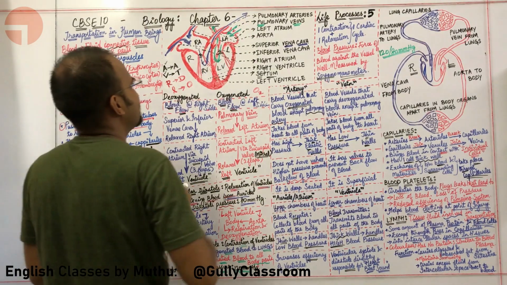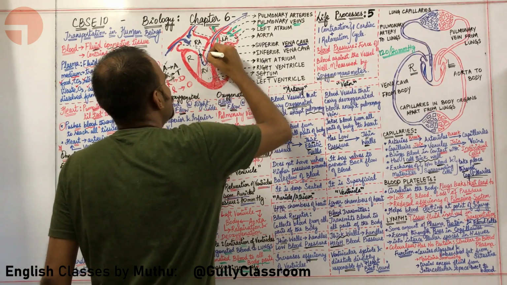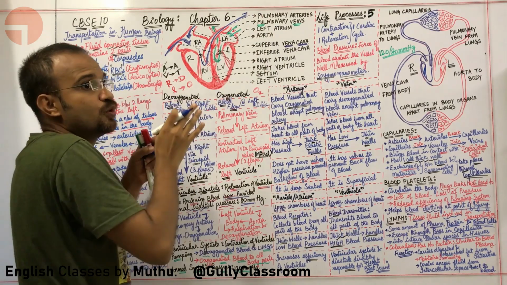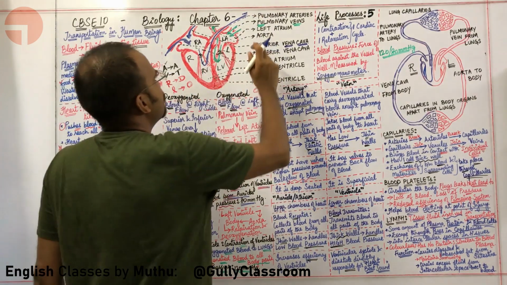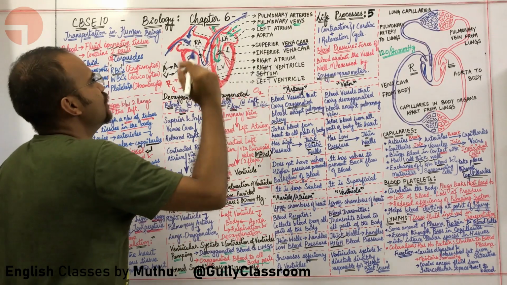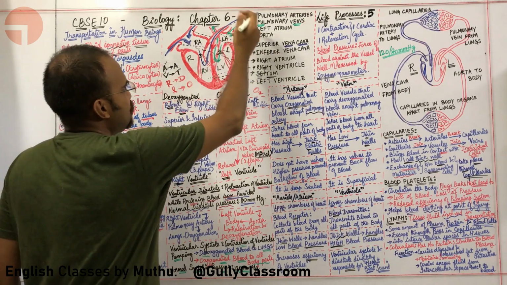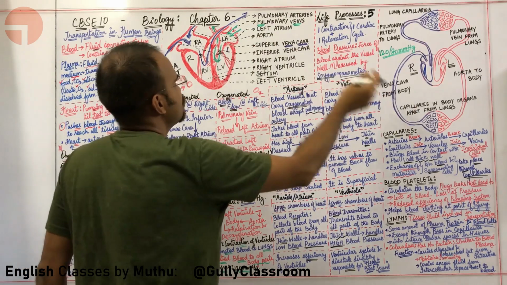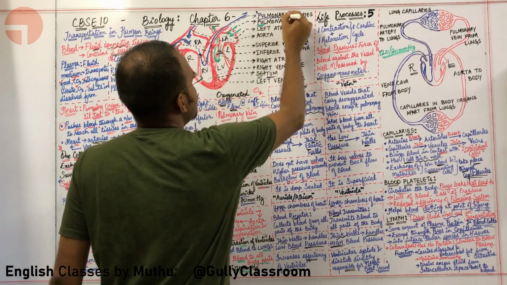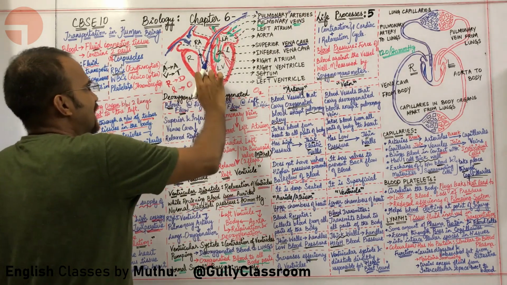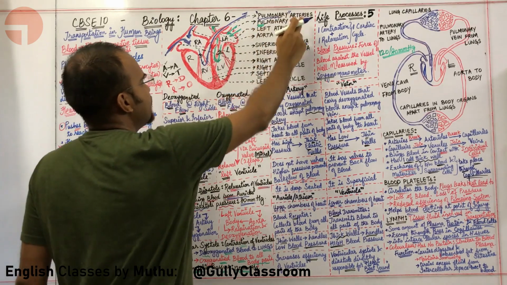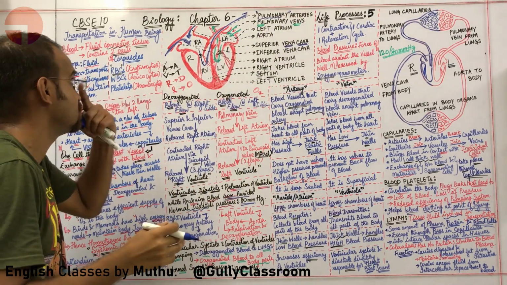So it is moving away from the heart. So the name arteries. Artery means away. So it is taking deoxygenated blood to the lungs. When you involve lungs, you will automatically use the word pulmonary. So the right ventricle is pumping deoxygenated blood through pulmonary arteries to the lungs for oxygenation.